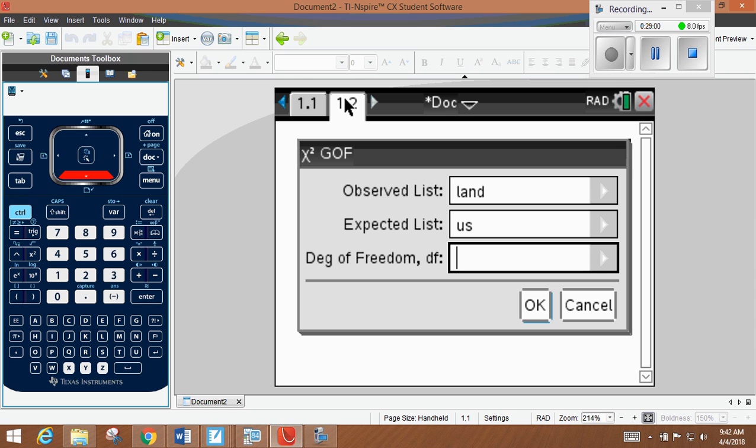Our degrees of freedom is going to be our number of categories minus 1. So we had 5 categories, right? We had people in their 20s, people in their 30s, people in their 40s, 50s, and 60 plus. 5 categories minus 1. Degrees of freedom is 4.